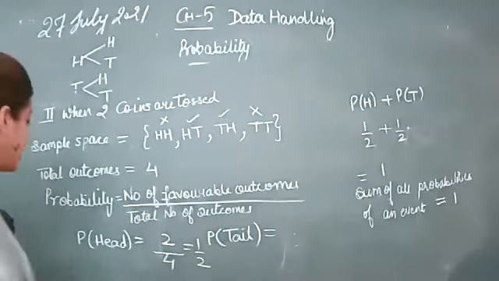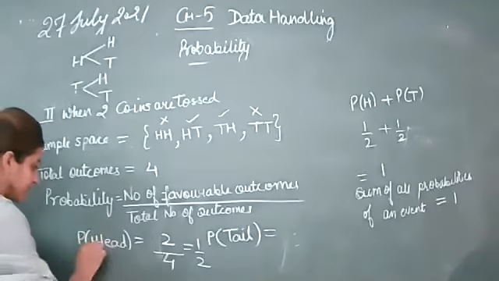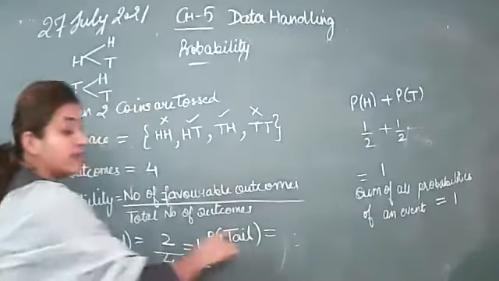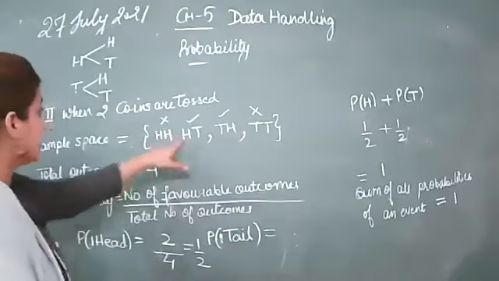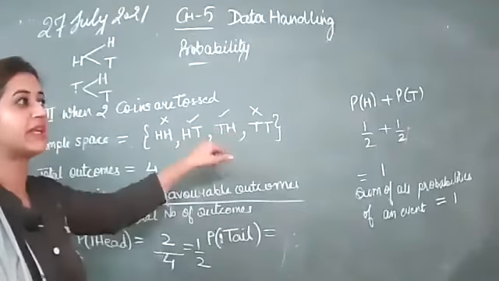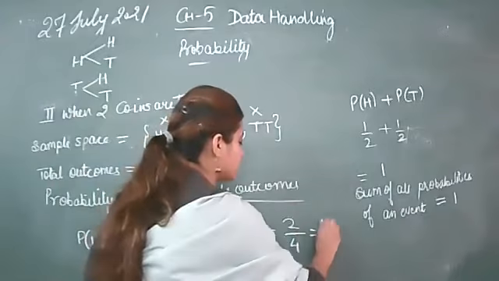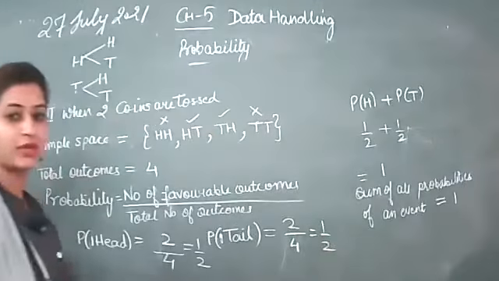Next is one tail. One tail we are talking about. So this and this event both contain one tail. So that will be 2/4, that is 1/2. Okay.